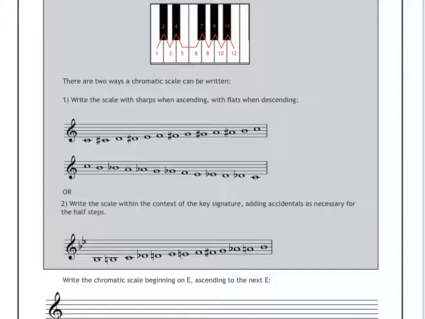The other way to notate a chromatic scale is to write it within the context of a key signature. So let's say as a flute player or as a trombone or baritone player, you are very used to reading in 2 flats. Seeing the B flat and the E flat is very, very common, very natural for your eyes.